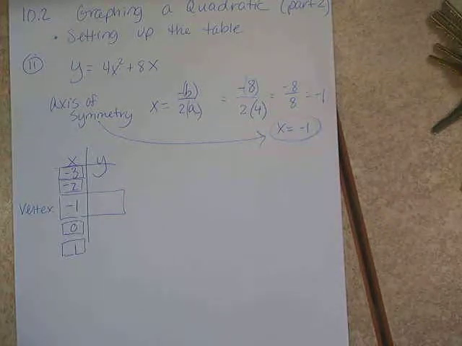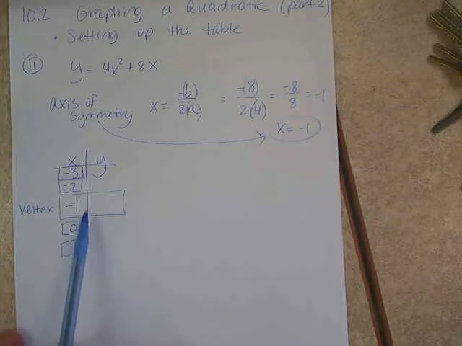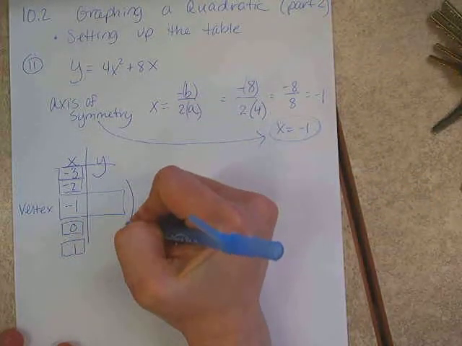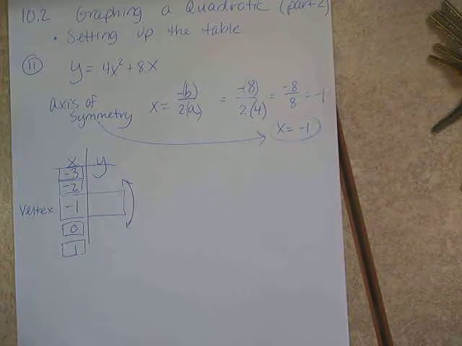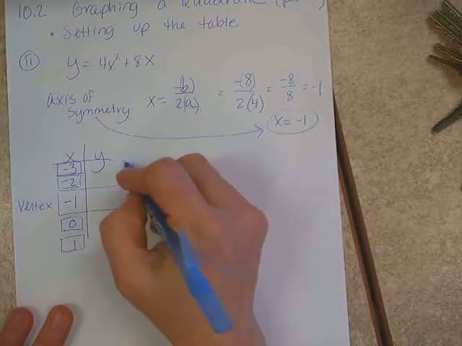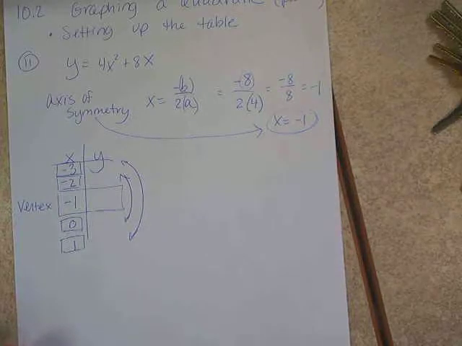Okay? Provided that my vertex is correct, these values should be the same for y, because they're the same distance away from my vertex. We have that symmetry, that mirror image, and these values should be the same.